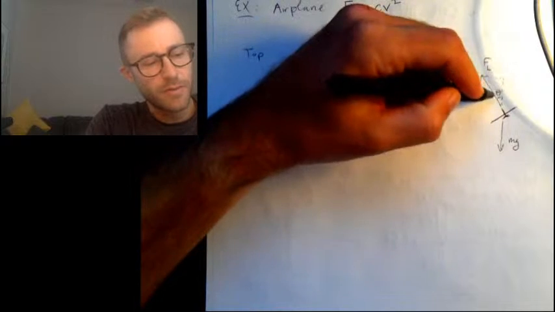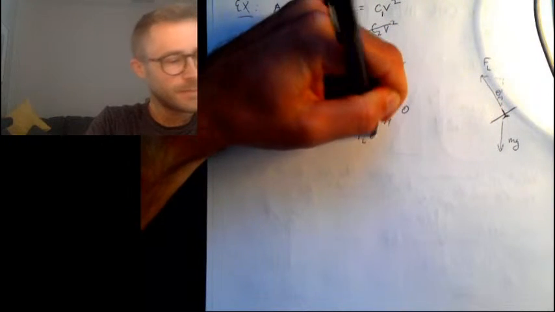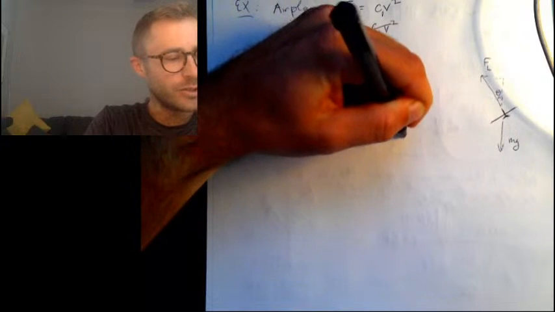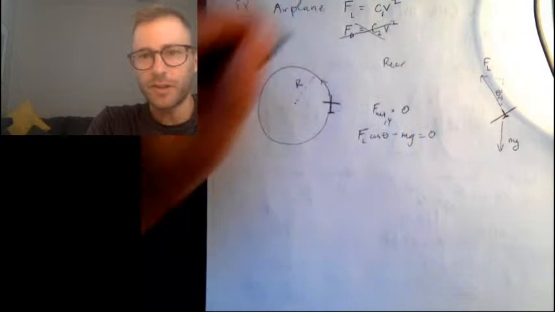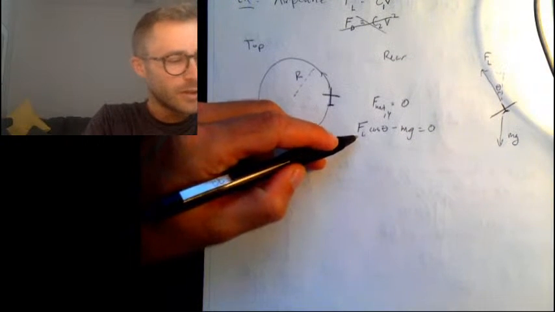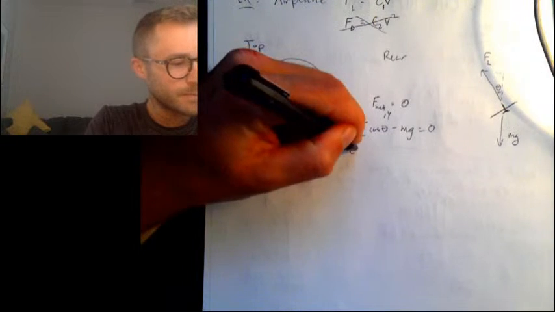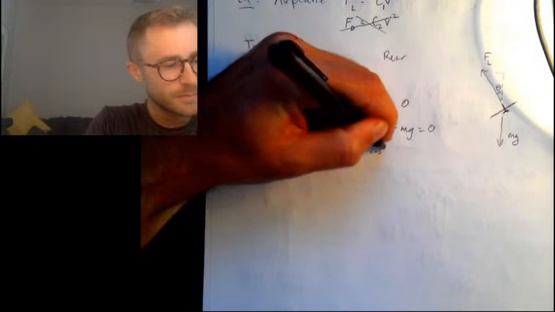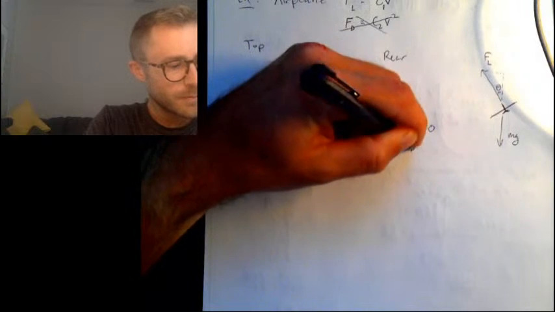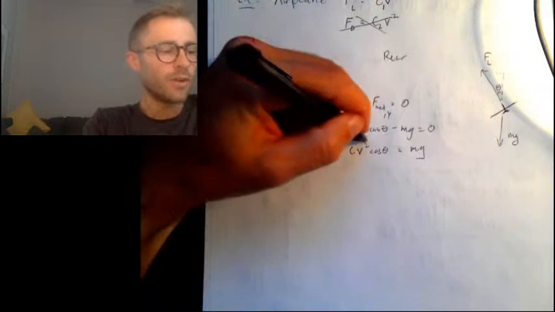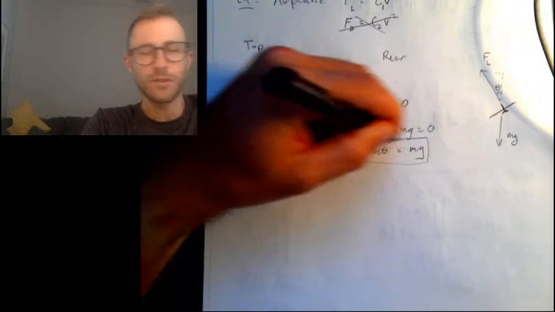Basically we have F sub L cosine of theta going up, and we have mg going down, and those have to balance out. And the lift force is, of course, a constant times v squared. So this is one of the equations for an airplane that's going in a circle.